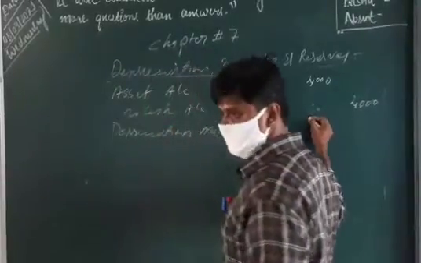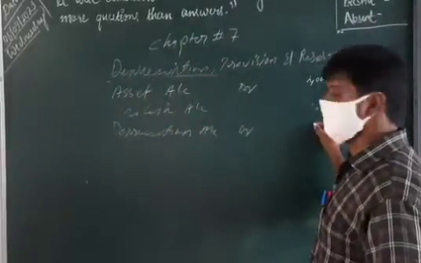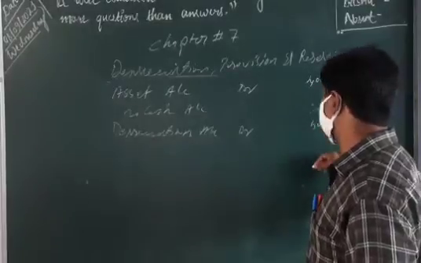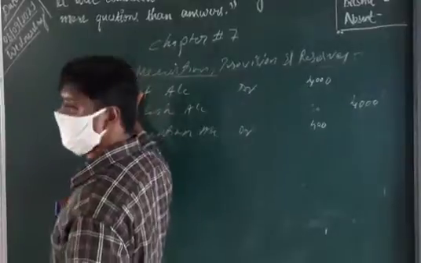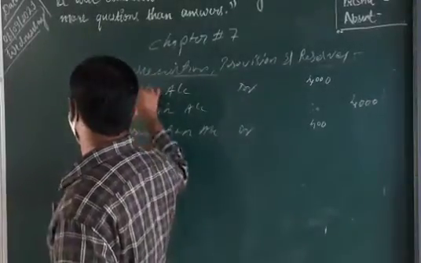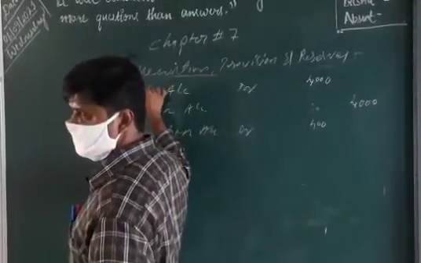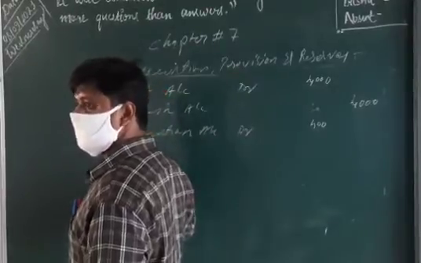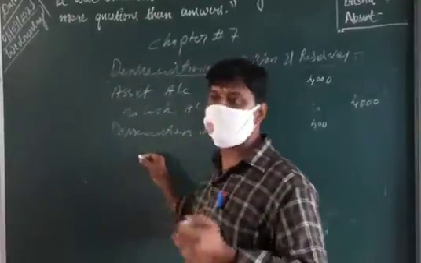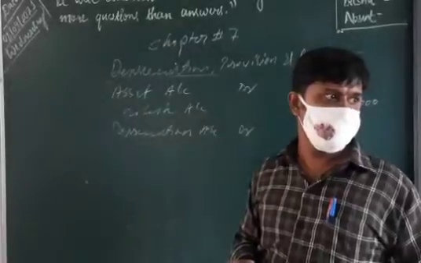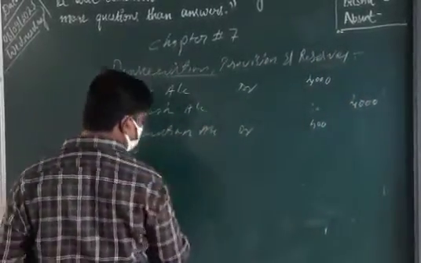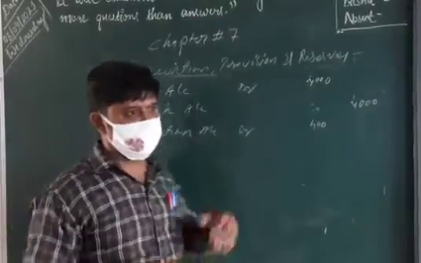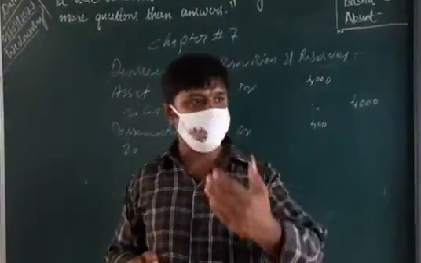The same depreciation, 400 into 400, but here we are not charging directly to the asset. Instead of that, we are making one dummy account. We call that provision. Provision means for the upcoming expenses.